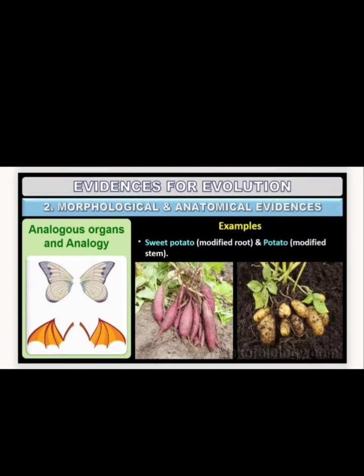Analogous organs we can also see in examples like sweet potato, which is a modified root, and potato, which is a modified stem, but both are for storage. They store food, so they have the same function. Another example is the trachea of insects, which is made from ectoderm, and the lungs of vertebrates, which are made from endoderm. Whether ectoderm or endoderm, they have the same function.